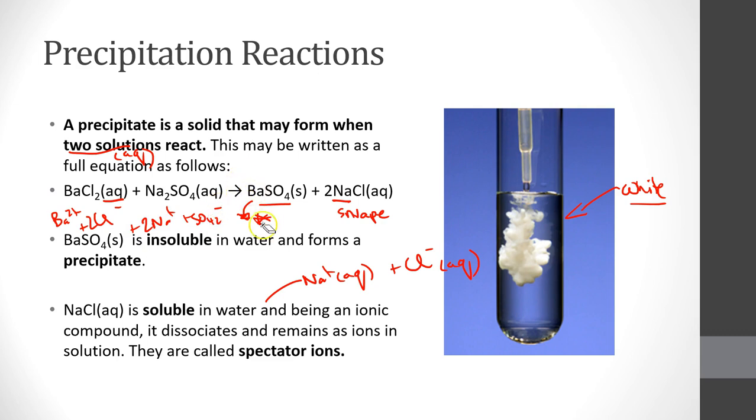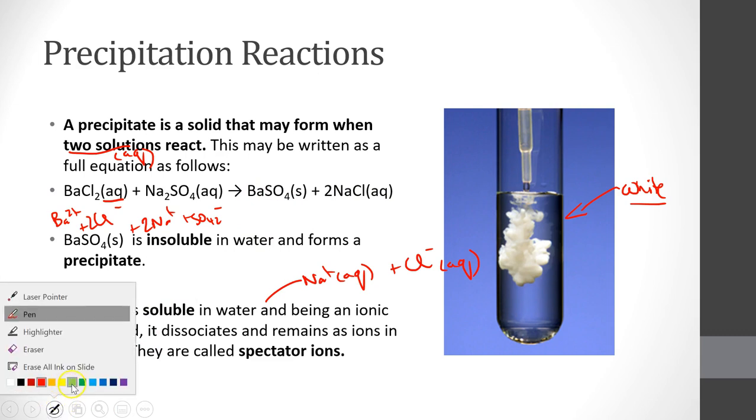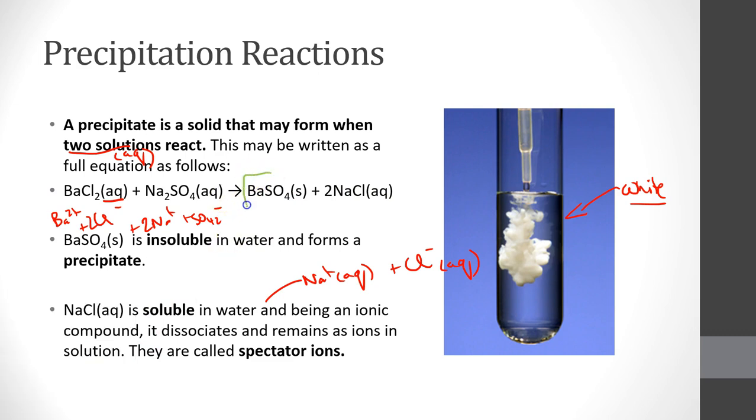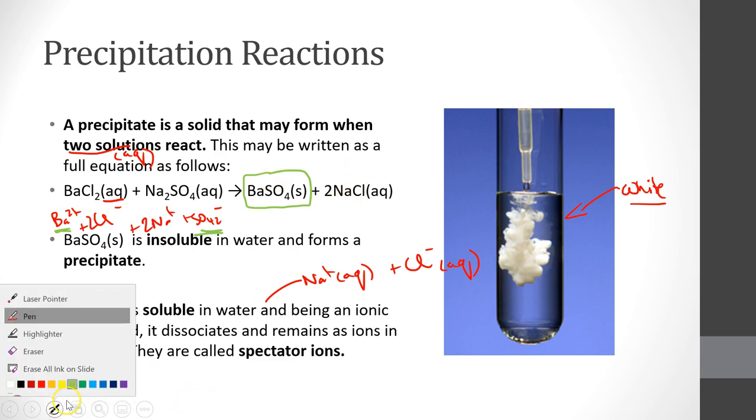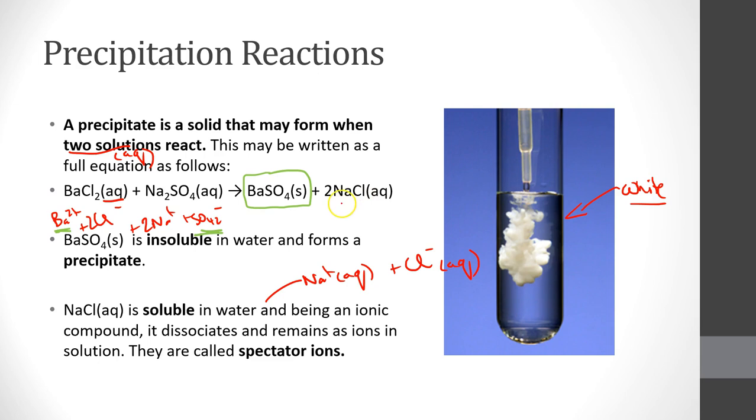All of these are aqueous on the left hand side. When we get to the right hand side, however, we get BaSO4 solid. So the sulfate and the barium have gone from aqueous to solid. The sodium chloride, however, these are still Na+, Cl-.